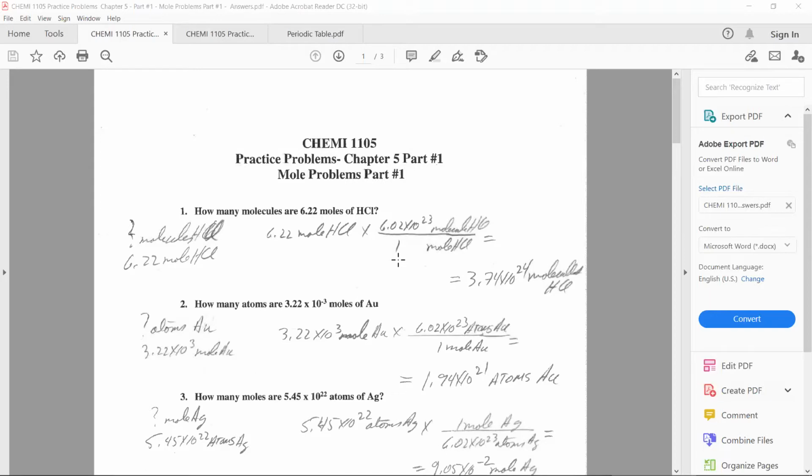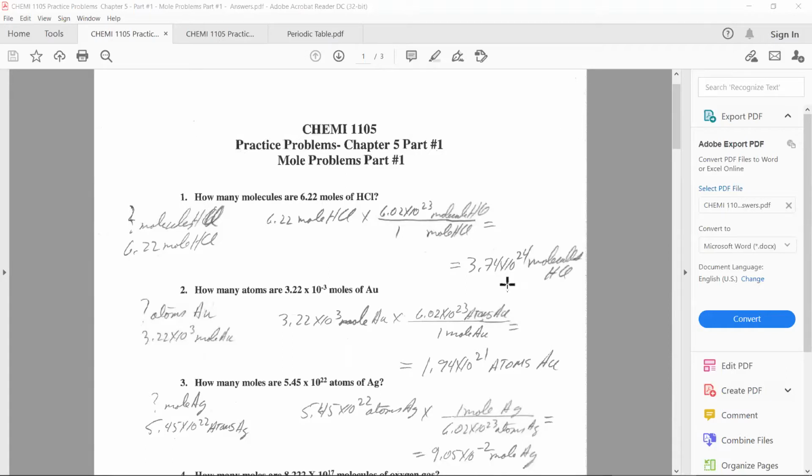Avogadro's number is actually calculated from experimental data. When you do multiplication or division, your answer should have the same number of significant figures as the number you're multiplying or dividing that has the fewest, except you ignore exact numbers. Therefore, here's my answer, 3.74 times 10 to the 24th, 3 significant figures.